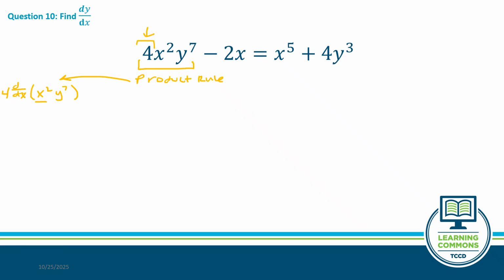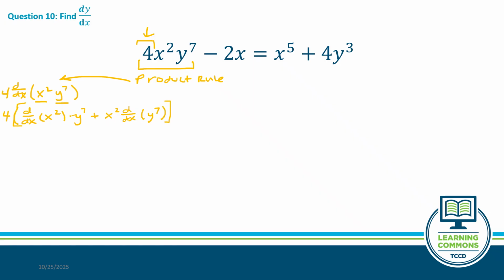But now x squared is 1, y to the 7th is the other. And then that way I just have to do not chain rule, I just have to do power rule, and it's really, really simple. So let's go ahead and get that started. 4 times, probably should make this a square bracket.